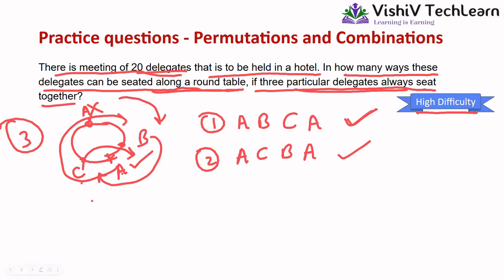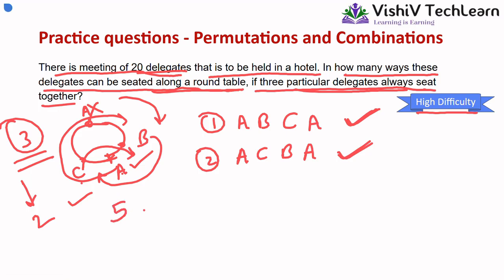So if you brainstorm here, you will come to know that only 2 possibilities are there: either it will be ABC, ABC, ABC, or it will be ACB, ACB, ACB. Since it is a round table, we can move along it many times. So if 3 delegates are there, we have only 2 possibilities.